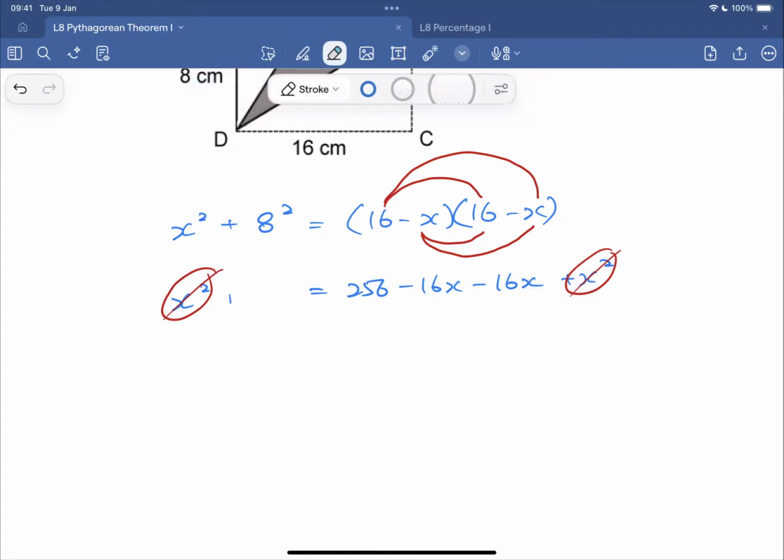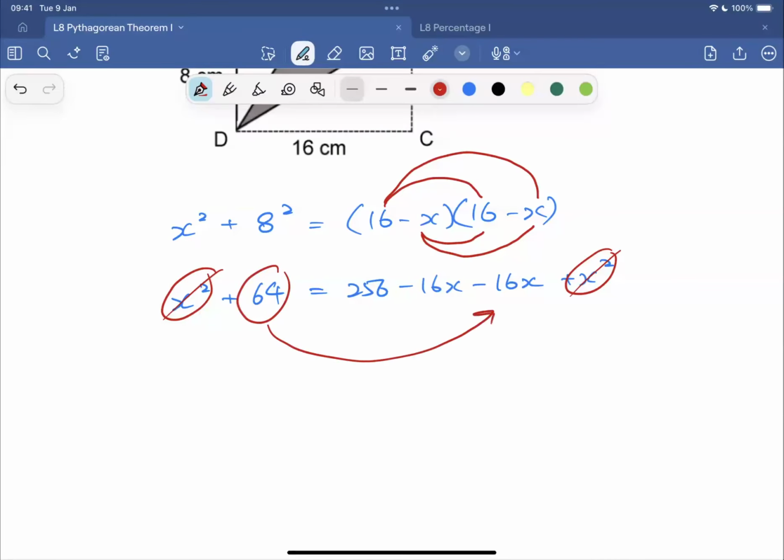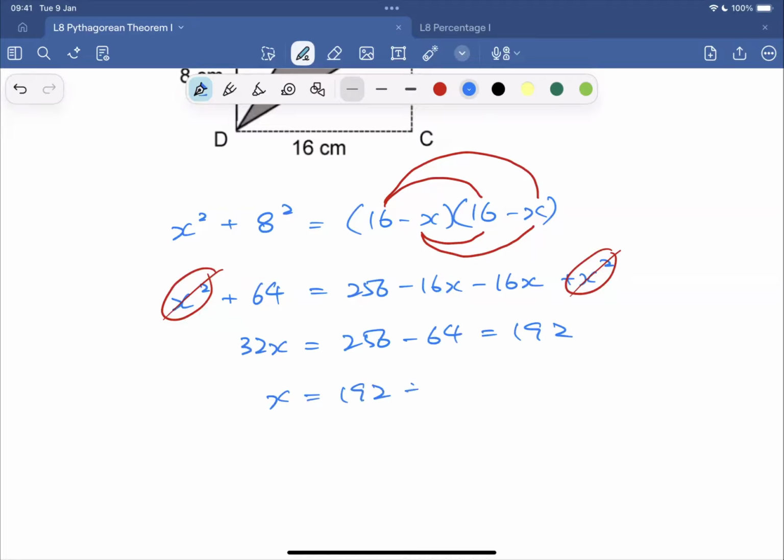So in the end, we have 32x equal to 256 minus 64. Okay? So 256 minus 64 will give us 192. And so we can say x equals to 192 divided by 32, which is 6.